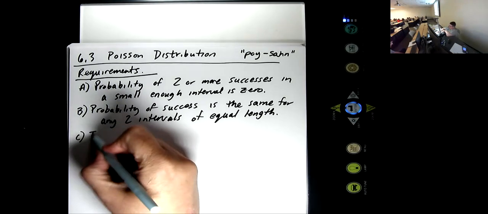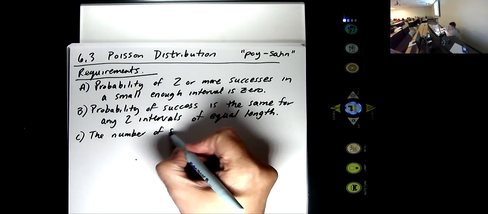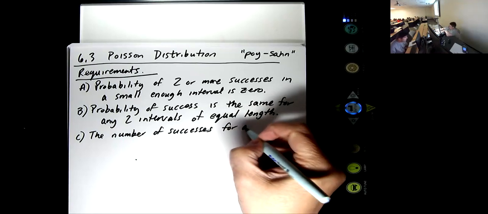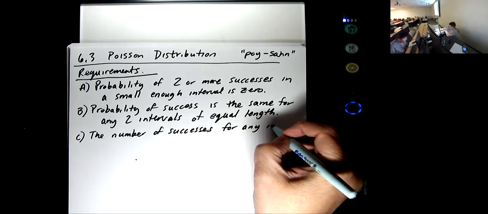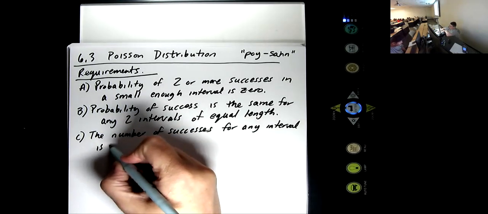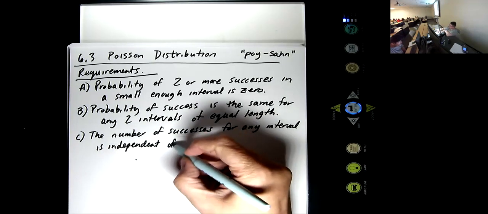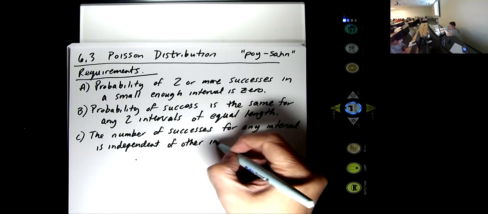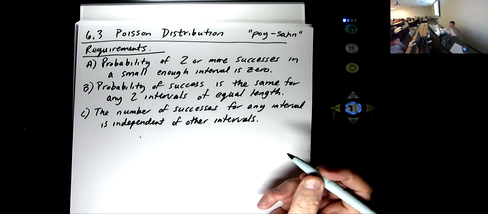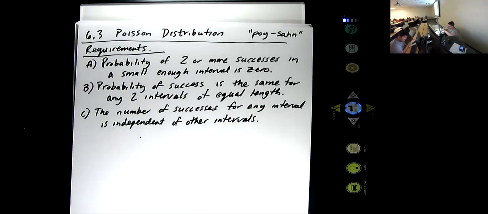And the number of successes on any one interval is independent of the rest. And this means your intervals shouldn't overlap.